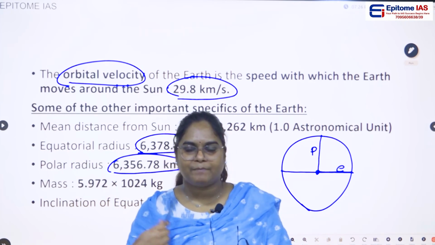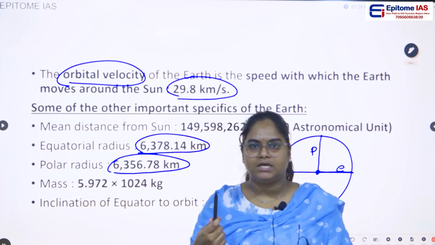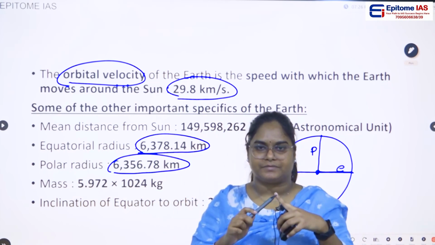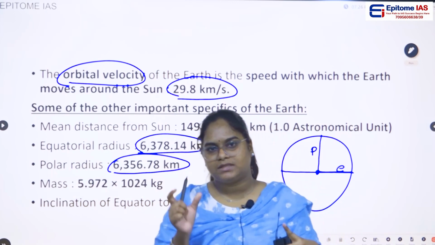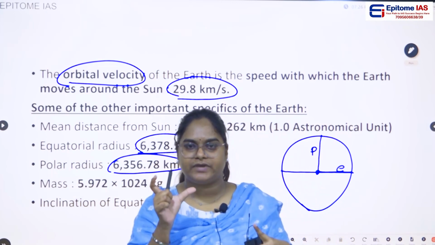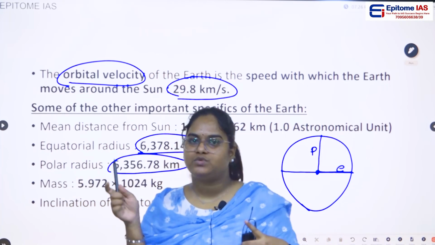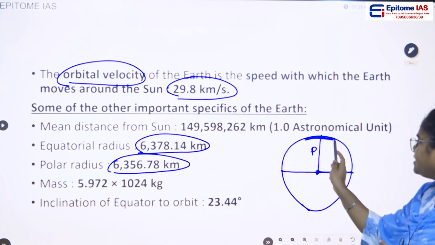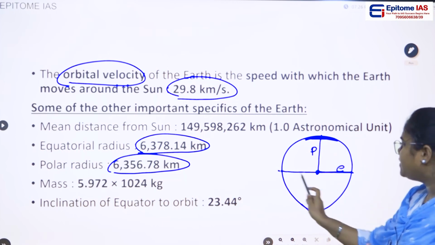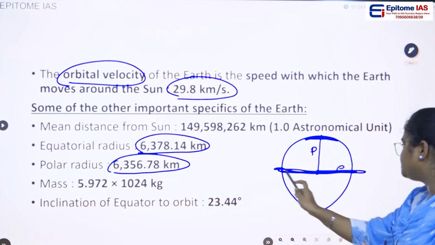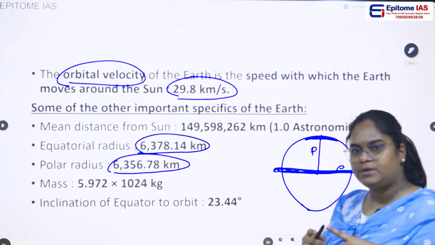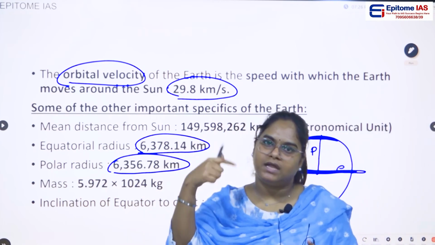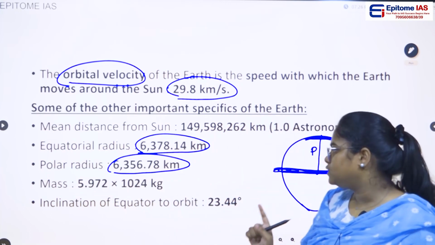Because of this rotation, there is a formation of a bulge around the equator. So that's why the radius of the equator is somewhat higher compared to the poles. The poles are comparatively flat and the equator has a bulge. So the equatorial radius is somewhat higher and the polar radius is lesser. You have to remember this also.